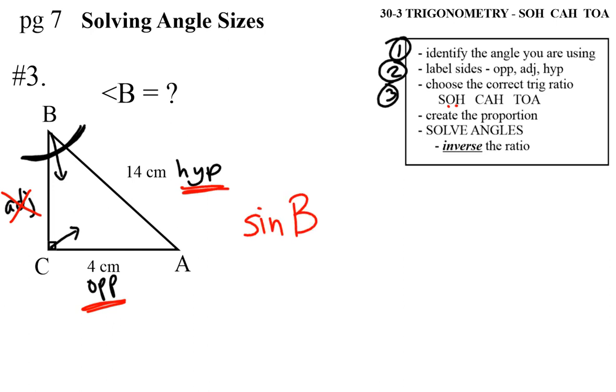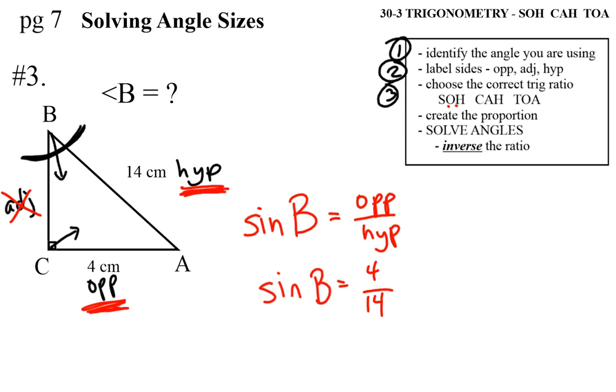And we're using angle B. So we want the sine of angle B, which we know is opposite over hypotenuse. So if I plug into that, sine of B, opposite, we see as 4, and hypotenuse, we see as 14. There's our proportion we've created. We chose the correct ratio, and then we created our proportion.